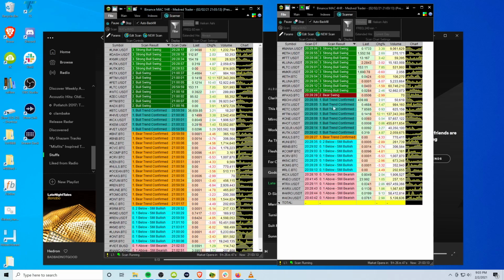So yeah, the next signals, the 1 below, 2 below, 1 above, and 2 above, these are contrarian trade-based signals.